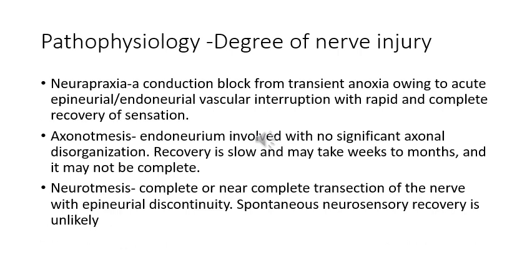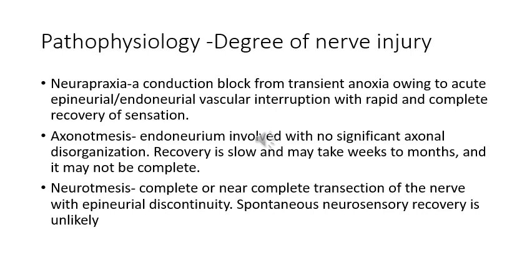So when you come to the pathophysiology of the condition, we should check the degree of nerve injury to know the severity of the disease. How much the symptoms are manifested depends upon the degree of the nerve injury. So the basic levels of degree of nerve injury include neuropraxia. Neuropraxia means there's a conduction block.